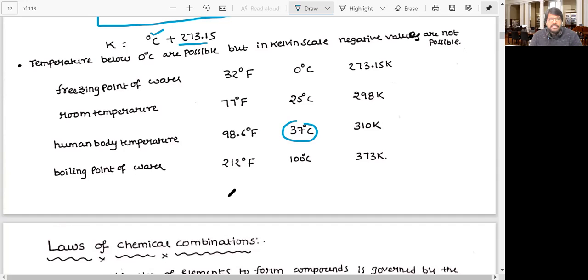In the next video, we'll be talking about atomic mass: what is atomic mass, relative atomic mass, absolute atomic mass, gram atomic mass, gram atom. In case of isotopes, how to find the average isotopic mass, those things and also the problems we'll discuss in the next video.